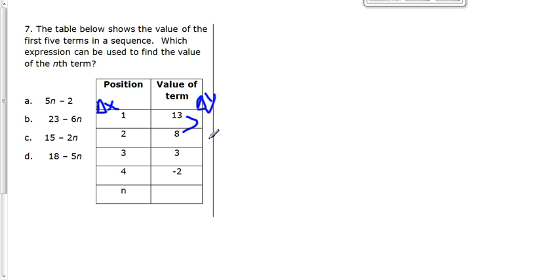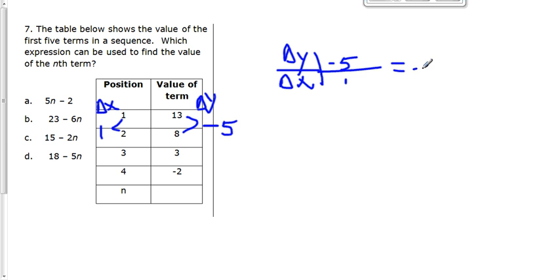Here, it went down. So it's actually negative. It went down by 5. Negative 5. And here it went up 1. So my delta y over delta x is negative 5 over 1.